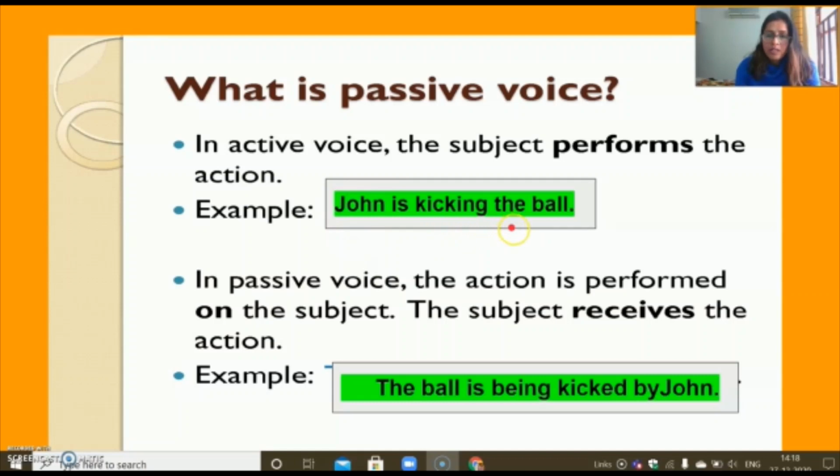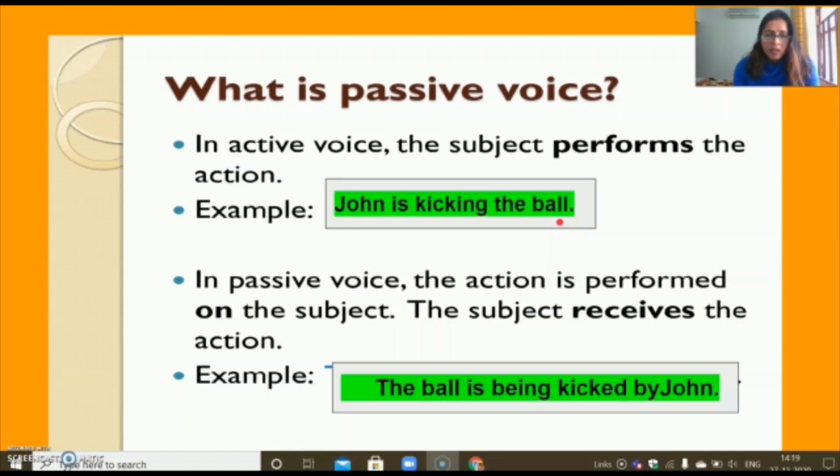And who is receiving the action performed by the subject? Definitely object of the sentence is going to receive the action performed by the subject, and here the object is ball. Okay, so ball is the object, kicking is the verb, and John is the subject. So this sentence is an example of active voice.